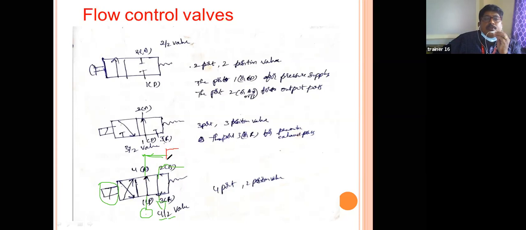For example, this is system 1, right? And from system 2, whatever the oil or compressed air goes to the reservoir or to the atmosphere. Now when the solenoid gets energized, the position changes and this position comes here.